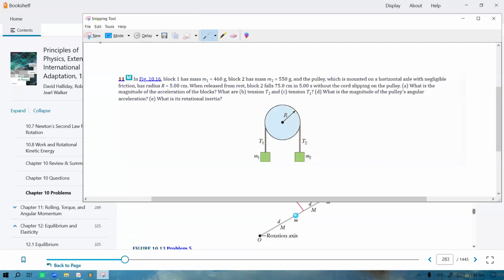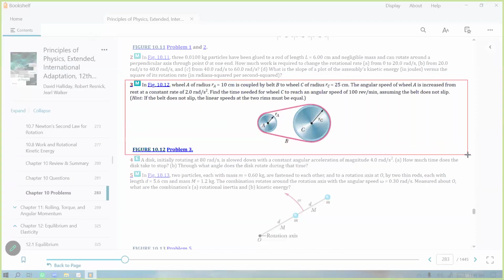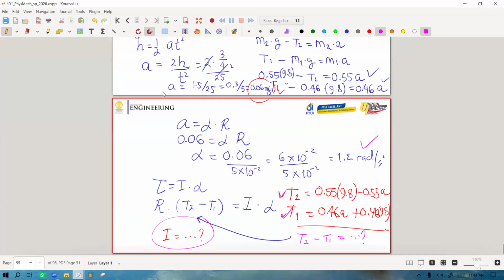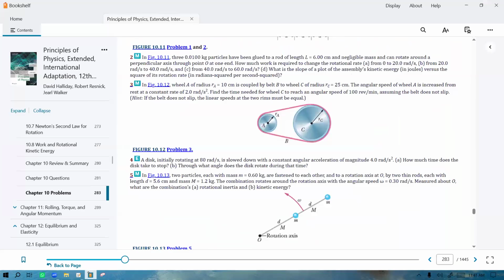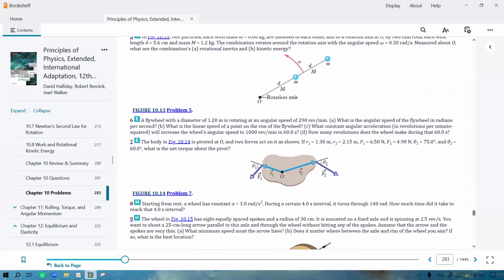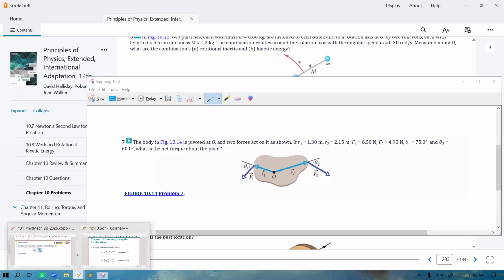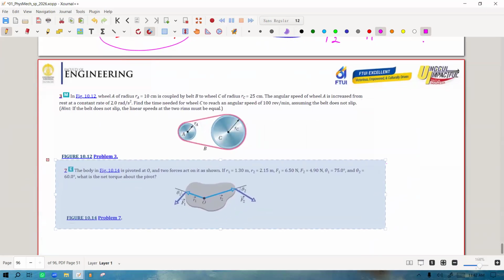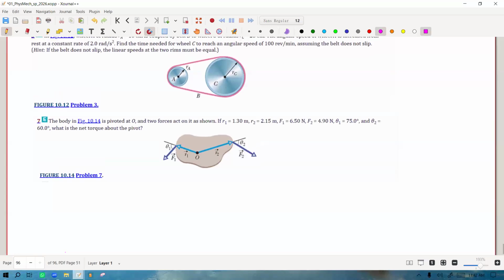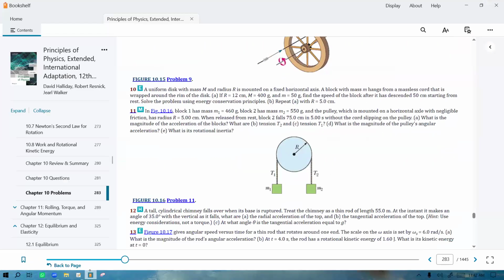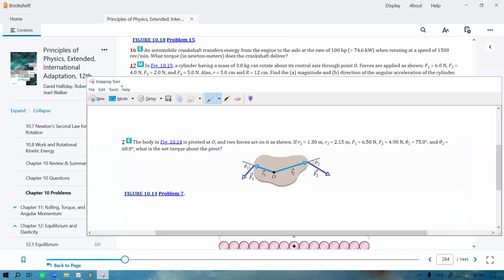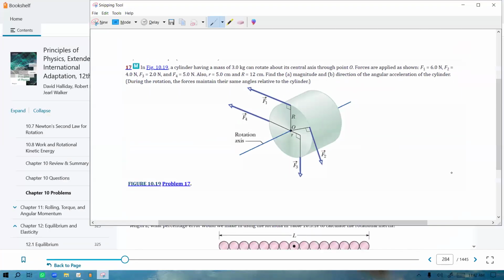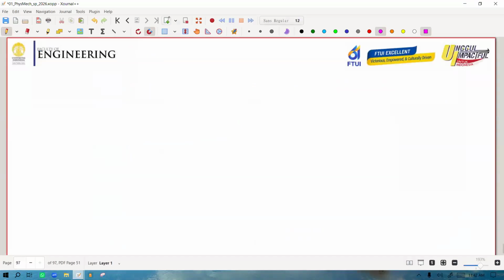I think we need to select some problems here, for example number three, and then this one, and this one.